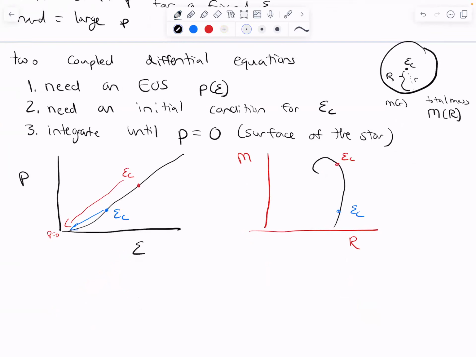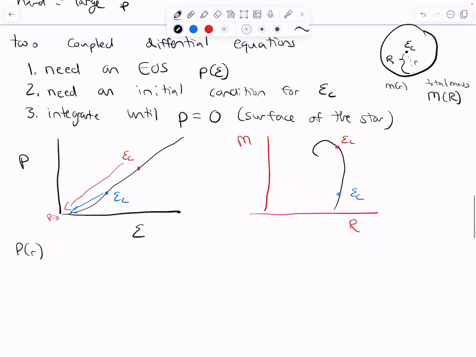All right. So to give you an idea of what this looks like internally in a star, if I have my pressure versus radius, I could just plot this. Here's my little coordinate r, and inside the star, it will look something like this.